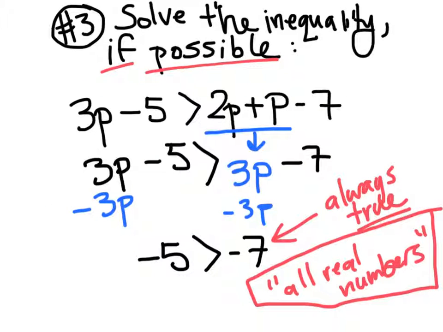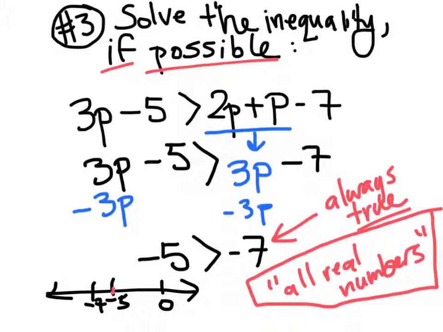First we're combining like terms. 2p plus p gives us 3p. And then we're going to subtract 3p from both sides, ending up with negative 7 is greater than negative 5. And if you think about the number line, 0 would be here, negative 5 would be here, negative 7 would be here.